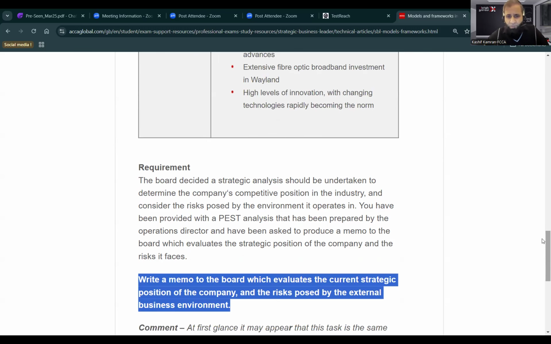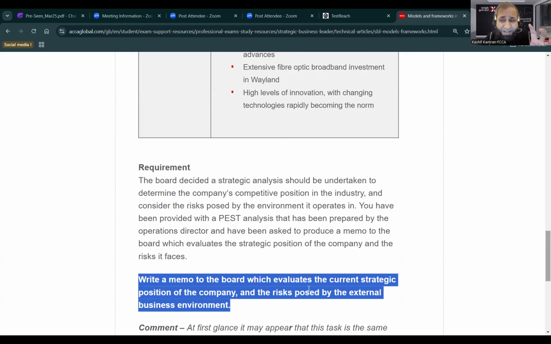Write a memo which evaluates the current strategic position and the risk posed by the external business environment. Do you all believe that the external business environment is the key?